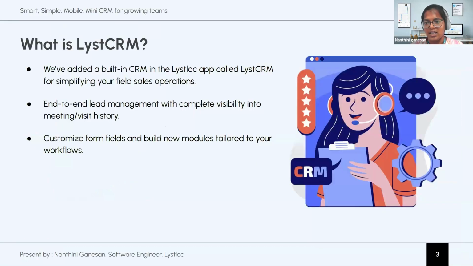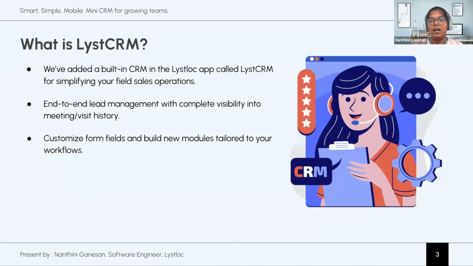So what is LystCRM? LystCRM is a built-in CRM which comes in the ListLock application itself. It helps you manage your leads and customers through a mobile phone. It helps you organize the data, knowing what is there, where it is, and each and every visit, whatever the history, you will get to know everything.